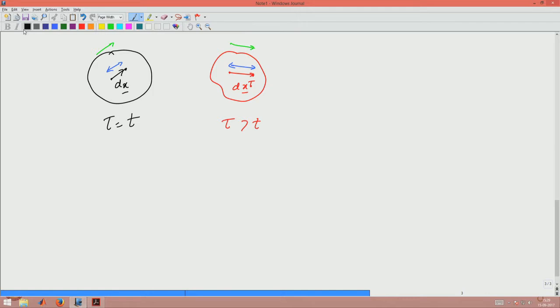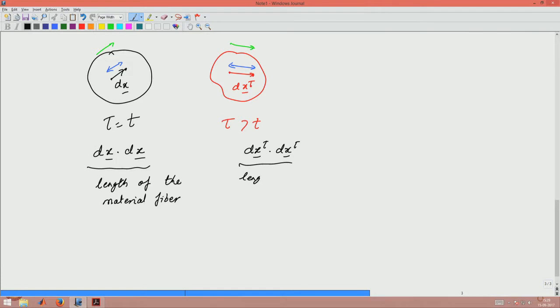and so we are interested in quantities which are like the measure of the length. So, therefore, we are interested in quantities which are of this kind. So, this is nothing but the length of the material fiber. And similarly, here also the dx tau dot dx tau will give us the length of the material fiber.